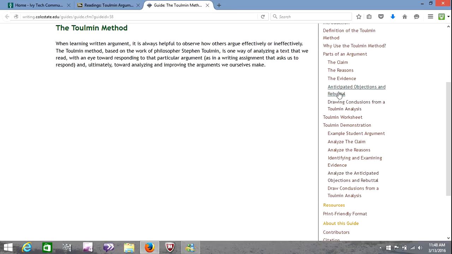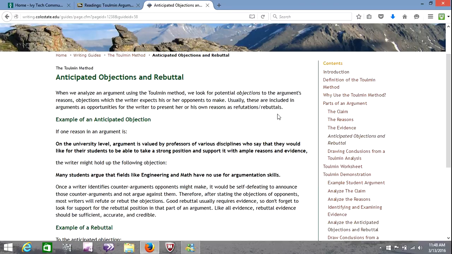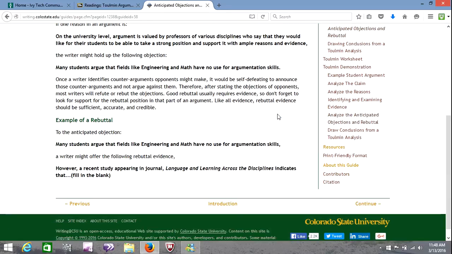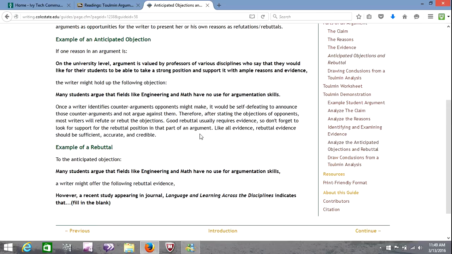And I think if you take a look at anticipated objections and rebuttals, this is the only one I'm going to open up individually because I know you'll go through all these. This one's pretty good. And it gives you an example of a rebuttal here, the anticipated objection, and then how you answer that with rebuttal evidence.